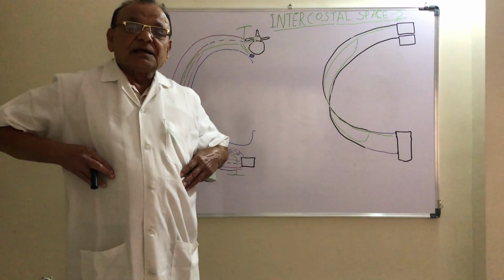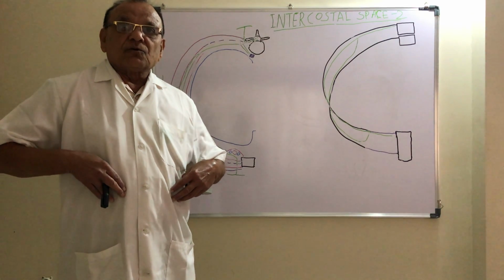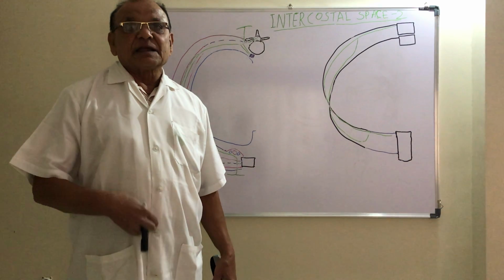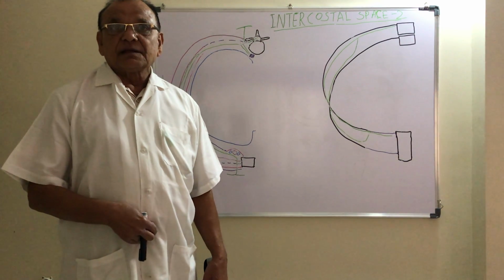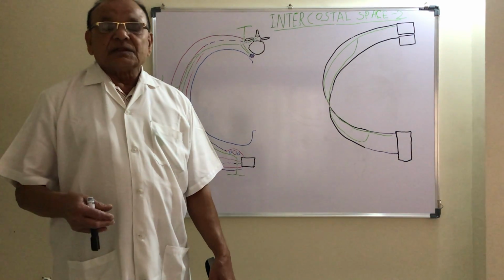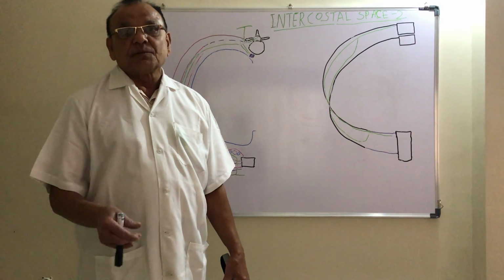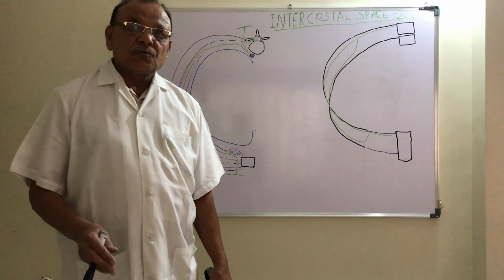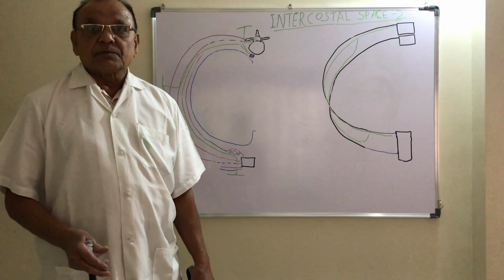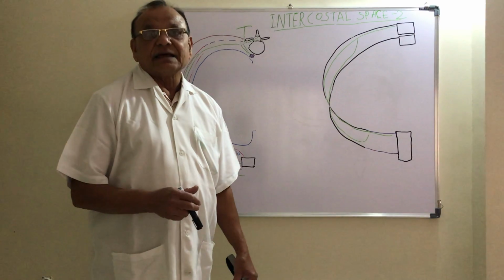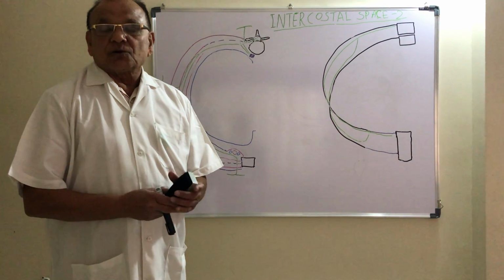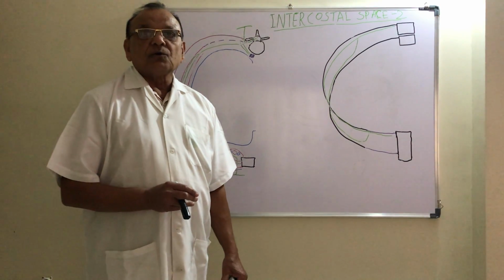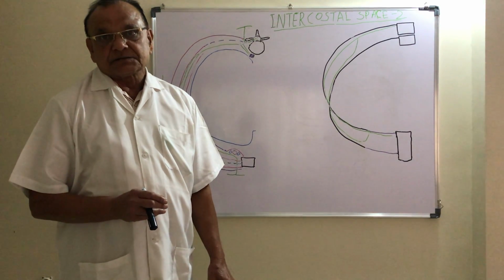And from anteriorly, these 7 to 11 nerves pass downward and reach the anterior wall of the abdomen. It means the 7 to 11 nerves supply the thorax as well as the abdomen, so they are called atypical nerves. So the typical nerves are only 3 in number: 4, 5 and 6. The intercostal spaces which contain the typical intercostal nerves are called typical intercostal spaces.